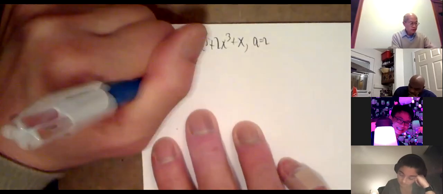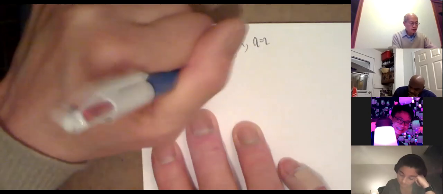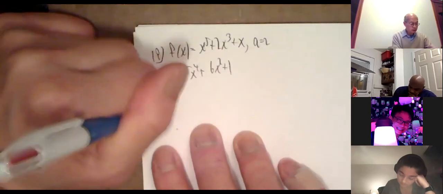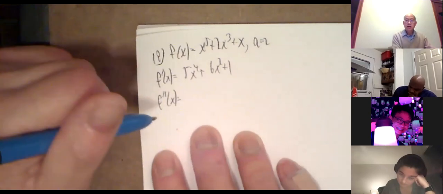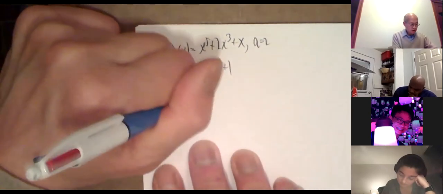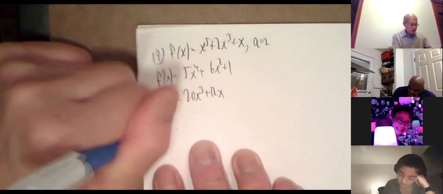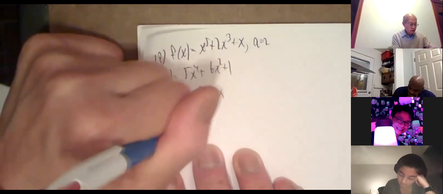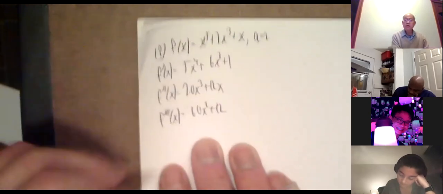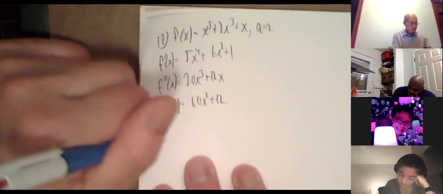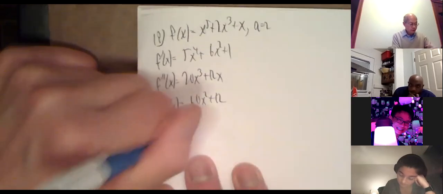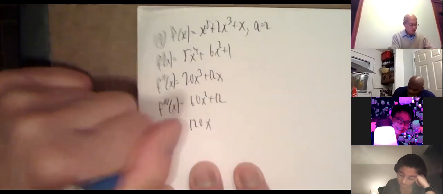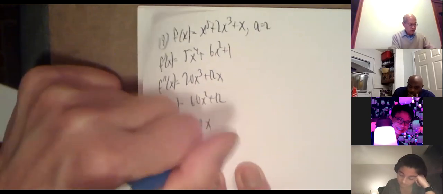f prime of x is 5x to the 4th plus 6x squared plus 1. Second derivative is 20x cubed plus 12x. Triple prime is 60x squared plus 12. Fourth derivative is 120x. Fifth derivative is 120.